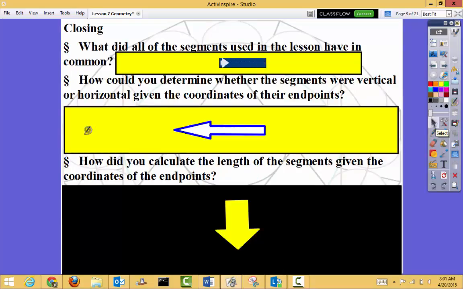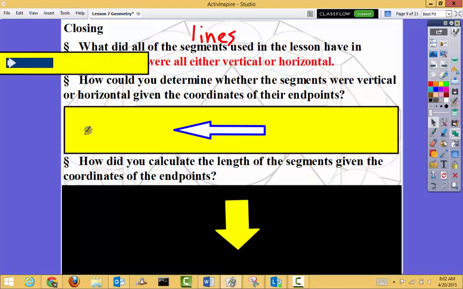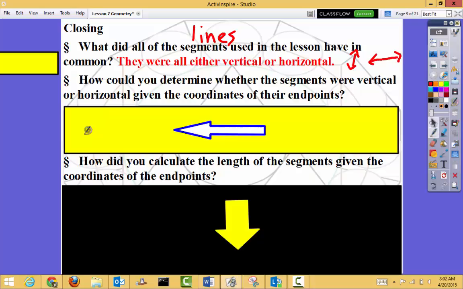Closing. So our last part. What did all the segments or lines used in the lesson have in common? Well, they had this all in common. They were all either vertical or they were horizontal. There were some other similarities, but those are the main things we were looking at, vertical and horizontal lines.